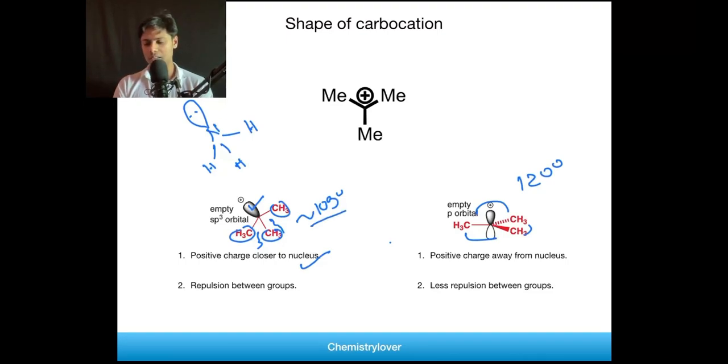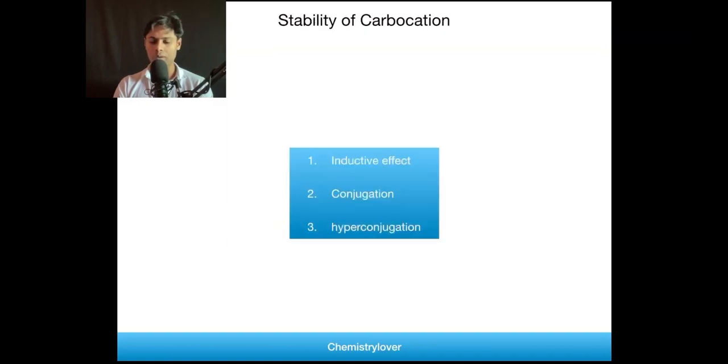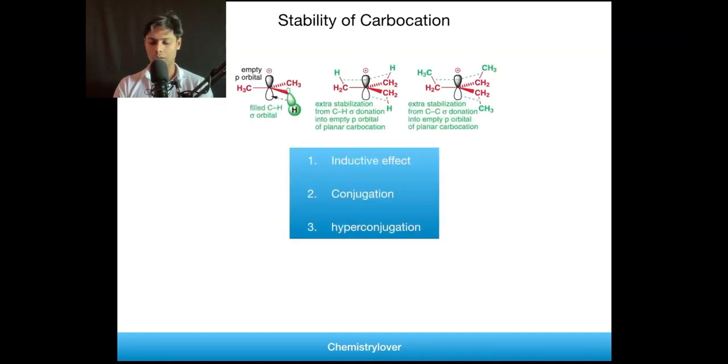That means there is less steric repulsion among these groups. So that's why carbocations normally prefer the planar shape. There is another reason for this which we will discuss in the next slide. So the pyramidal shape is not the actual shape, the actual shape is planar.